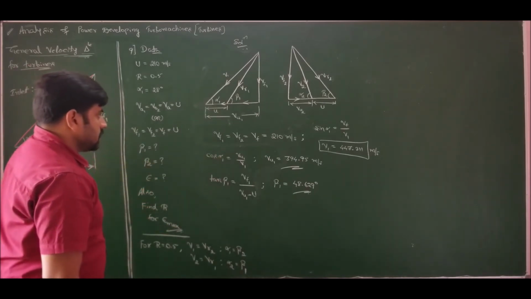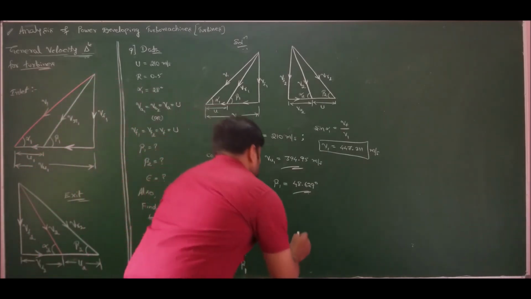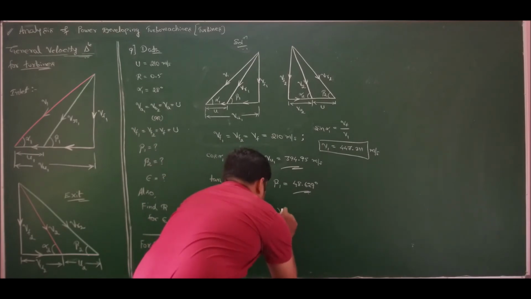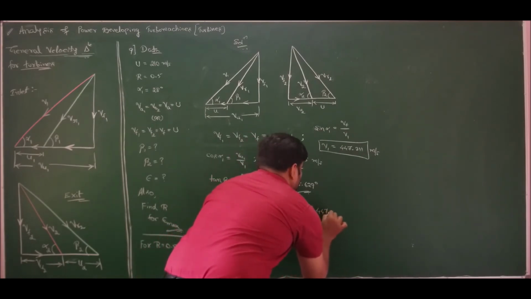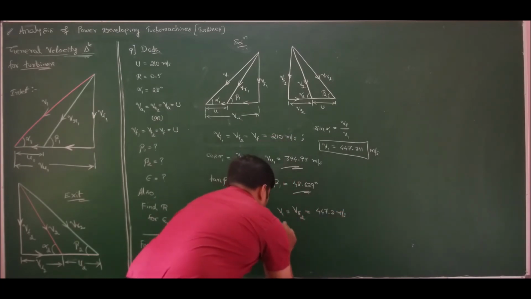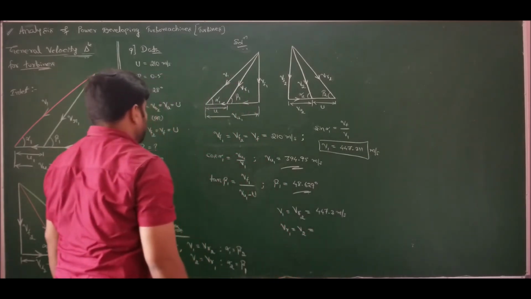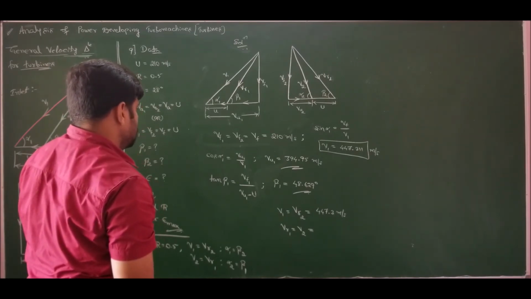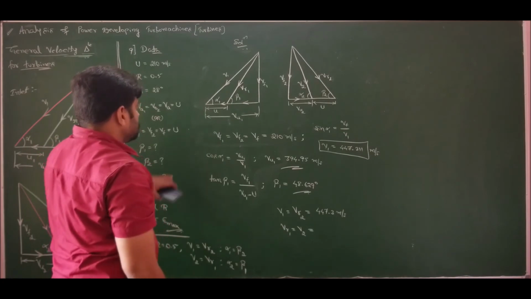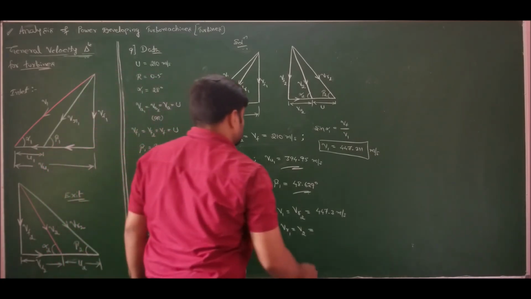So if I use this condition, V1 is equal to VR2, which is equal to 447.3 meters per second. Then we have VR1 is equal to V2. I want the value of VR1, so I should use sin beta 1.